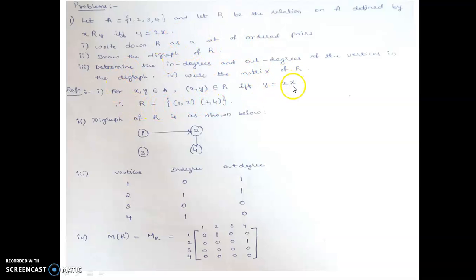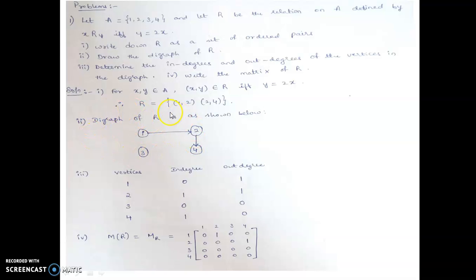When we substituted x with 1, we got y as 2, and when we substituted x with 2, we got the second one, that is (2, 4).